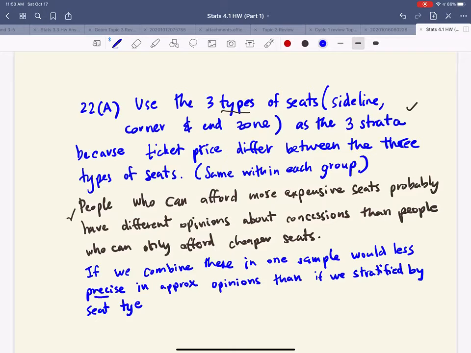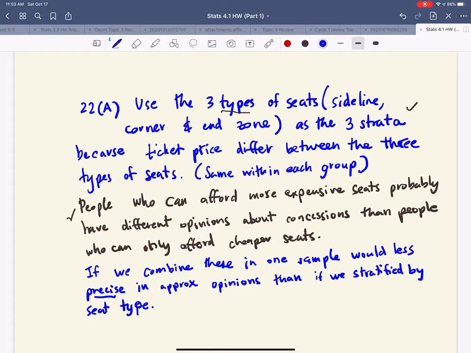So we're doing this so we'll have a more precise estimate. And again, that means if we kept the size the same. So in the Justin example, we kept the sample size the same each time, 10, 10, 10.